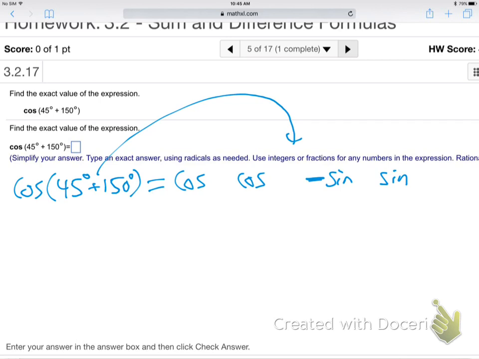Opposite sign. All right? Take it from there. So write in 45, 150, 45, 150, and find those values.